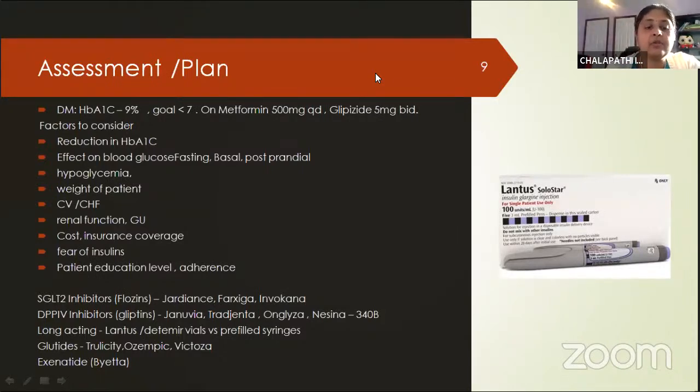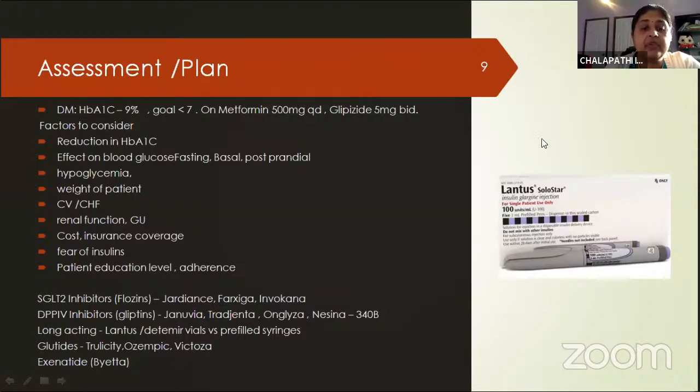The patients also know that there are injections which can be given once a week. Who wants to take it 3 times a day? If I can have a Lantus and that's taking care of my basal insulin, that's very good. Or there are glutides, semaglutide, dulaglutide. All these new ones in the market are very, very expensive.